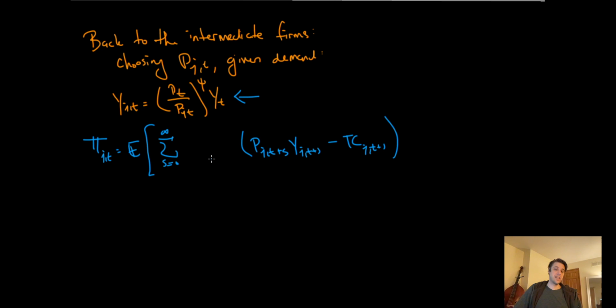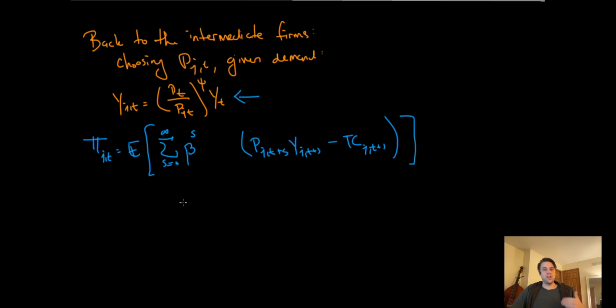Now, the question is how to discount this. And of course, immediately you should be thinking about beta to the s. But it's actually not enough to discount by beta to the s. We also have to think about how the shareholders, which are the households, think about consumption today and consumption tomorrow, because they want to use the firm to generate money in states of the world where they need money. Let me say that again. At certain time periods, consumption will be more valuable or less valuable.